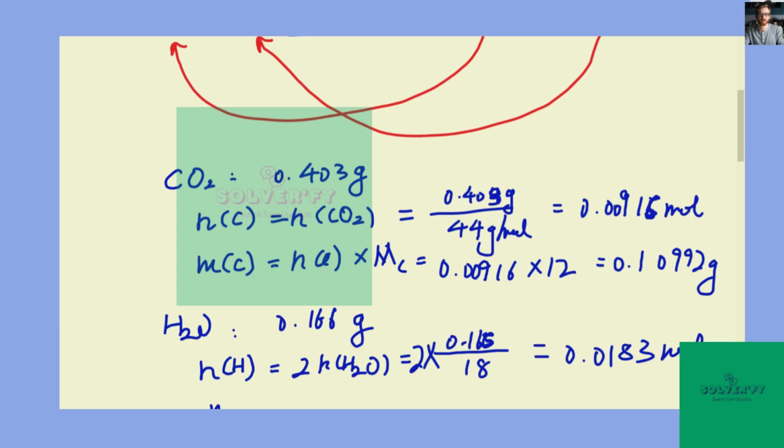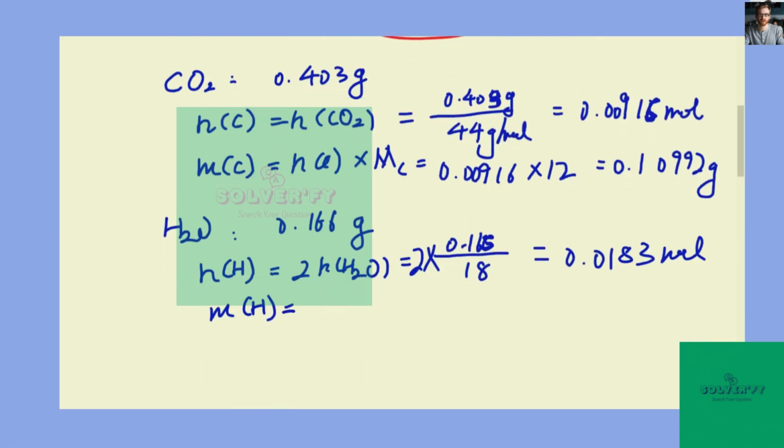And same, we can calculate the mass of the hydrogen here. Because the molar mass of the hydrogen is 1, it equals 0.0183 grams. And now, things become easy. We can calculate the mass of the oxygen inside the molecule.